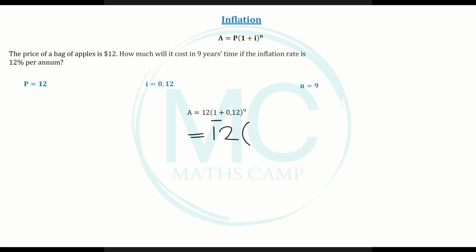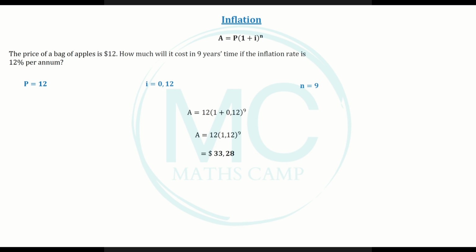Inside, 1 plus 0.12 gives us 1.12. Close our bracket to the power of 9. Now we can take our calculators. 1.12 to the power of 9, multiply by 12, and we get an answer of $33.28 to 2 decimal places. Remember that this is money, so don't forget your currency.